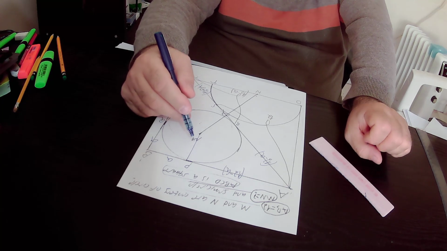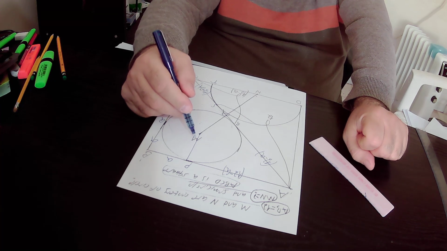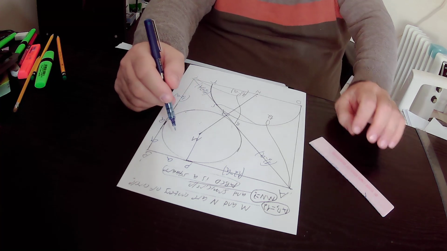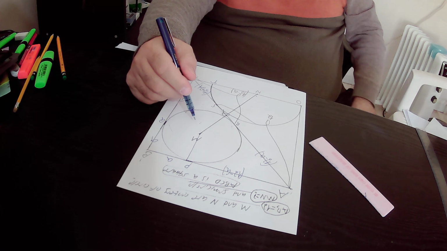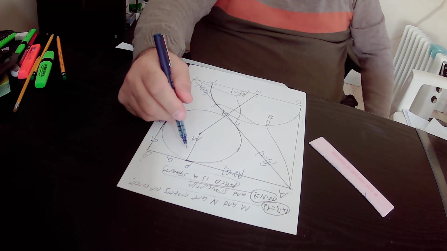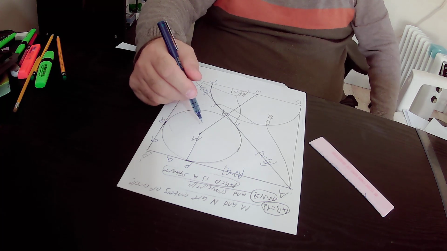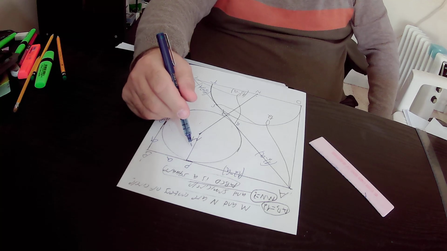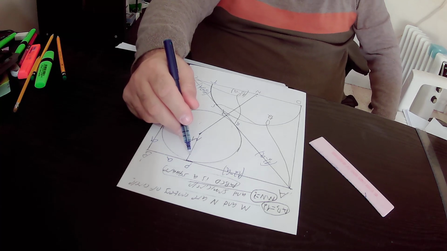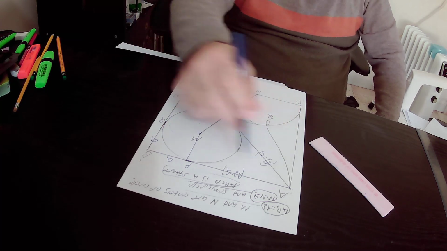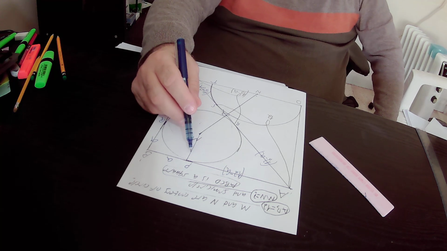Therefore, PM is the radius of this circle, and the radius PM or MP is drawn to the point of tangency, that is to say it is drawn to point P, that is the point of tangency of tangent AB with this circle.